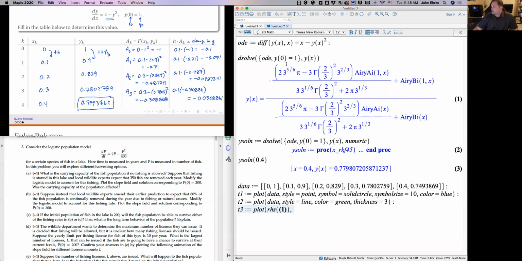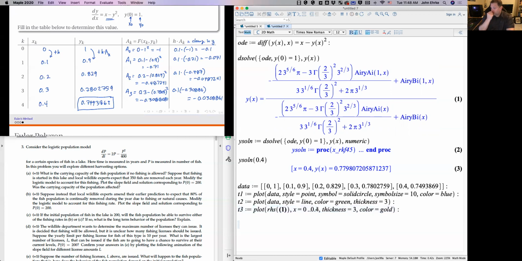So I just want to plot this. That's what I'm telling it. Plot that. Okay, and I want to plot that from x equal to 0 to 0.4. That's the interval that we're on. And I'm going to choose a similar thickness and a different color here.